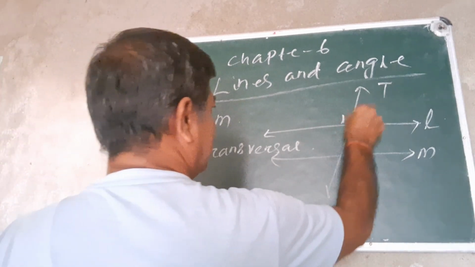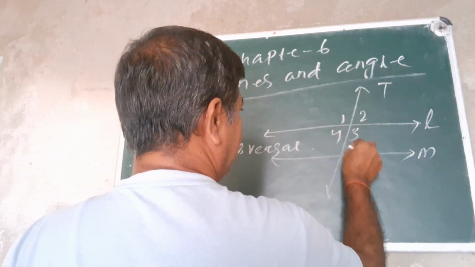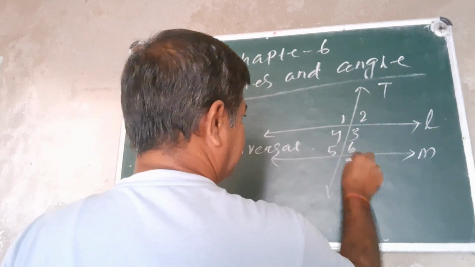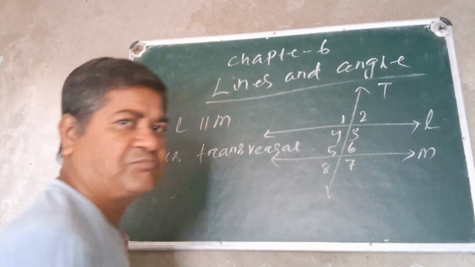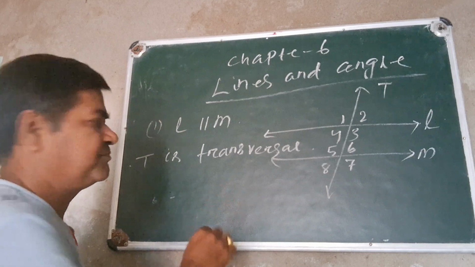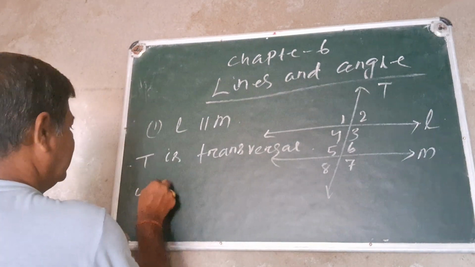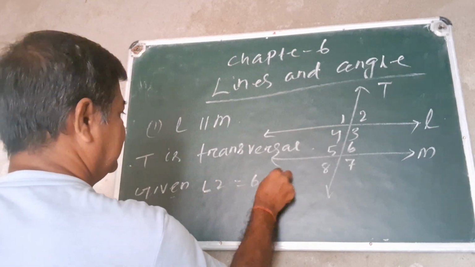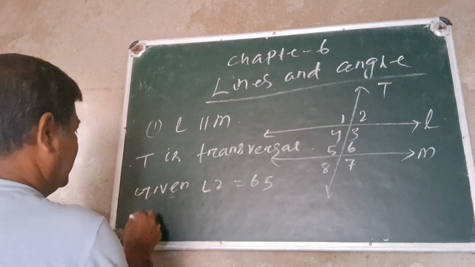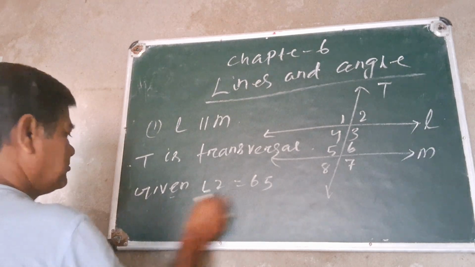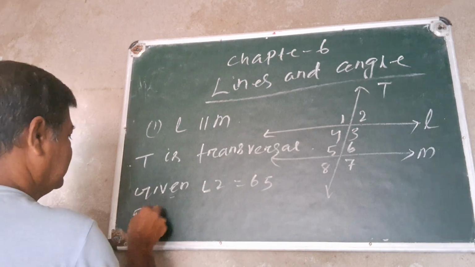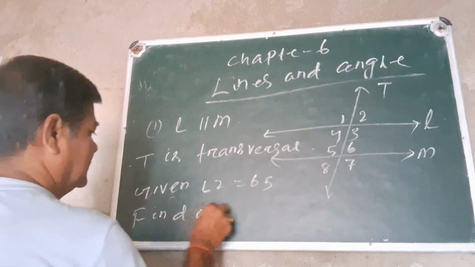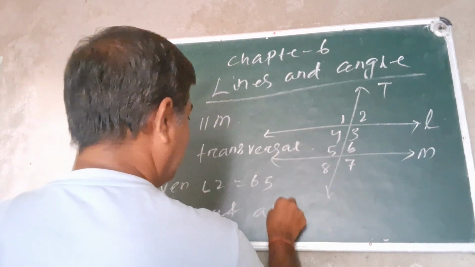There are 8 angles: 1, 2, 3, 4, 5, 6, 7, 8. Given angle 2 equal to 65. We will find out all 7 angles.